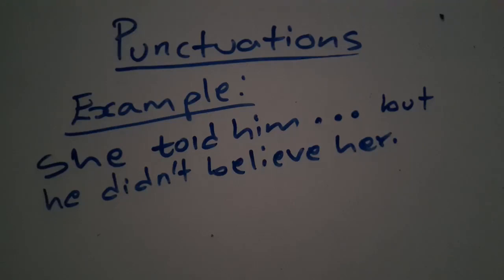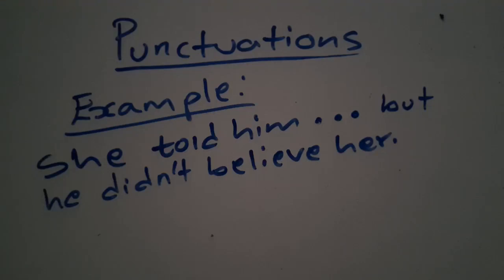So there's a lot that someone can be told. Someone can be told that she is traveling to America, or France or Canada, or she wants to buy a car such as a Rolls Royce or any expensive car, but he didn't believe her.